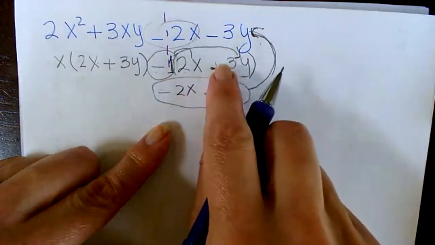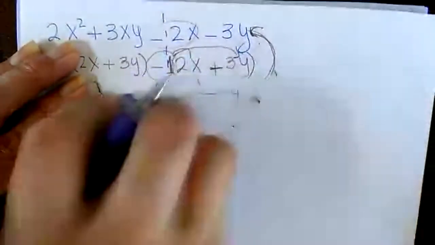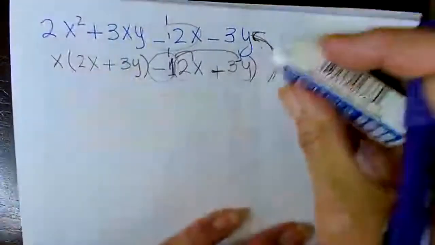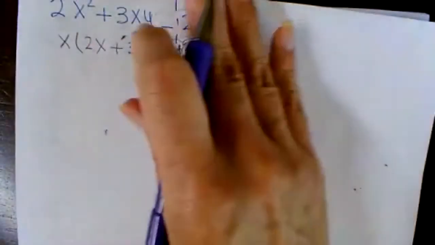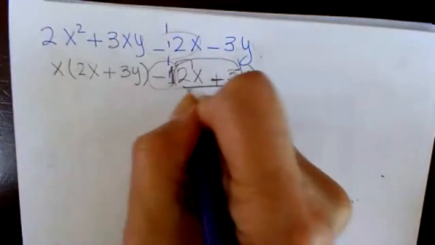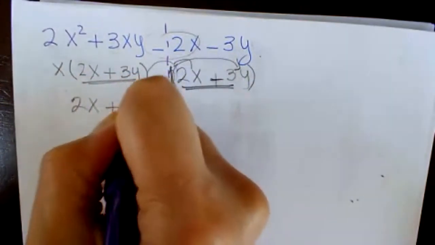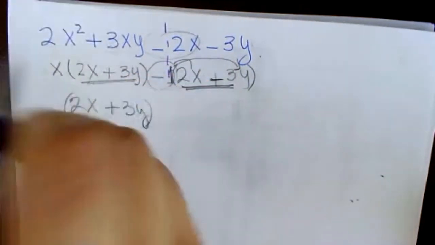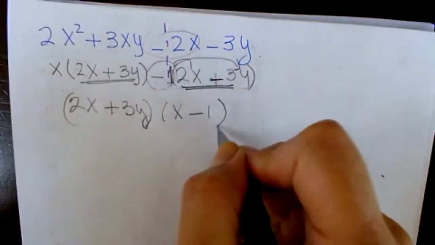So this one needs to be positive. Okay? So be careful with that sign there. And here's my greatest common factor, which is 2x plus 3y. And what do I have left? x minus 1.